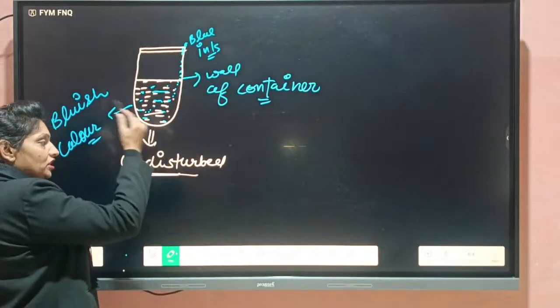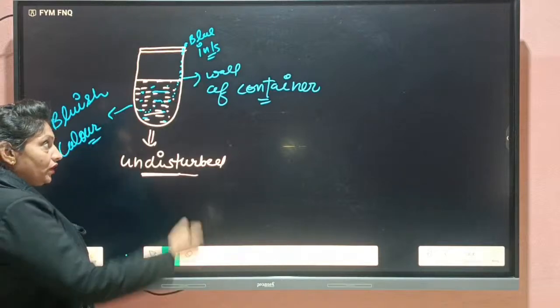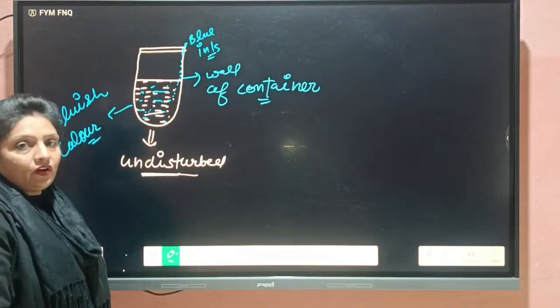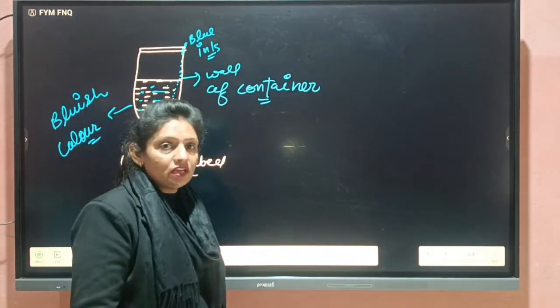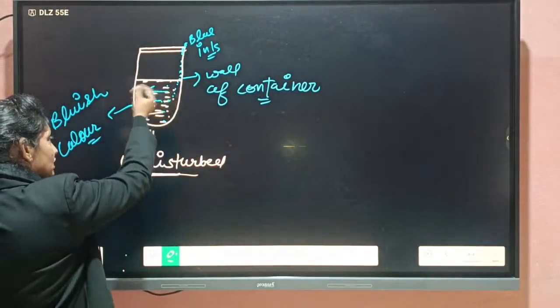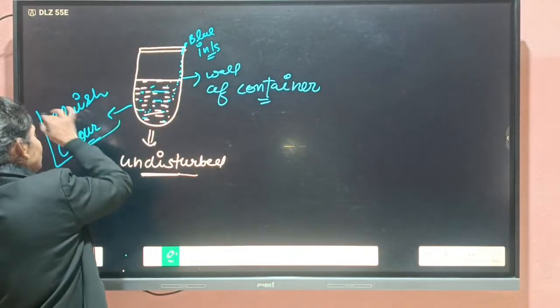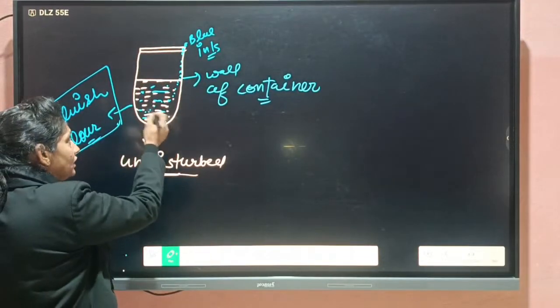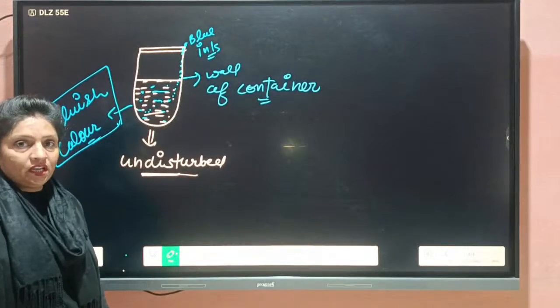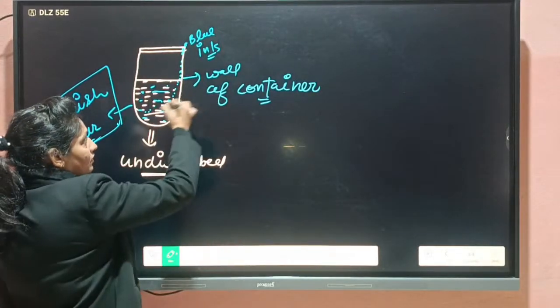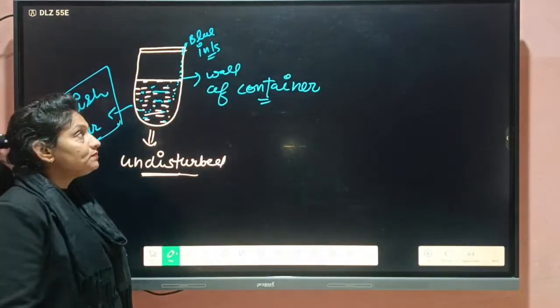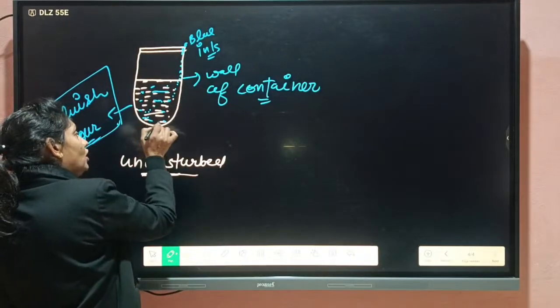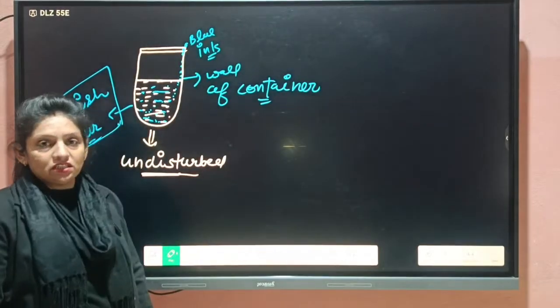The water was undisturbed. We did not allow it to move. Okay, we did not stir this one. But this complete water became bluish. Why? Because these particles are moving continuously. And these particles mixed with each other. These particles of blue ink and water get mixed with each other.